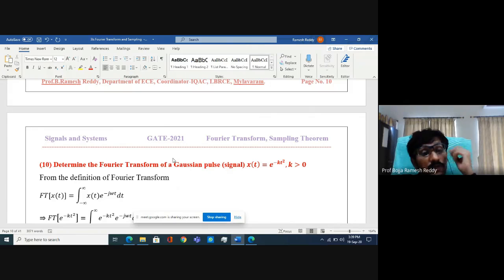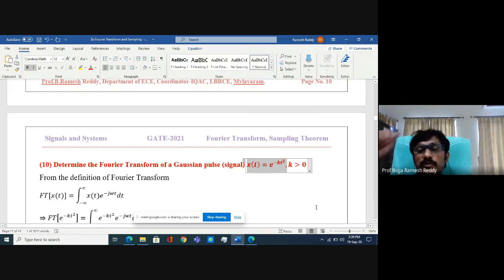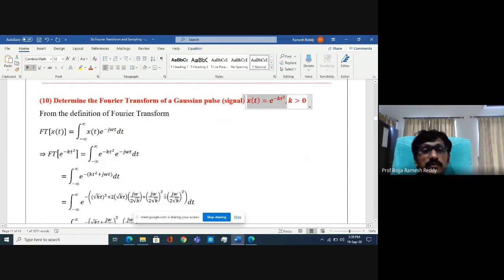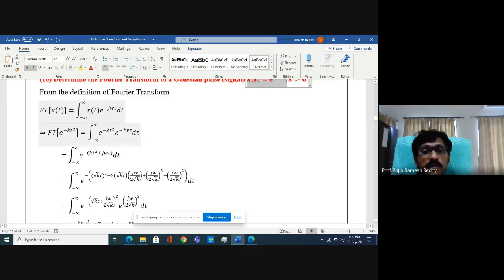Gaussian pulse. This is another important pulse in communication. A Gaussian pulse of the form e to the power of minus kt square, where k is positive. For this Gaussian pulse, they are asking for the Fourier transform. How to solve? The Fourier transform of x(t) is the integral from minus infinity to plus infinity, the basic definition. It is not possible to do this integration in a direct method.